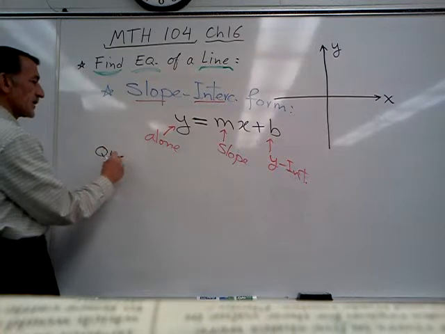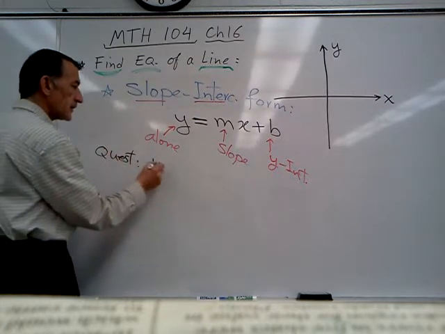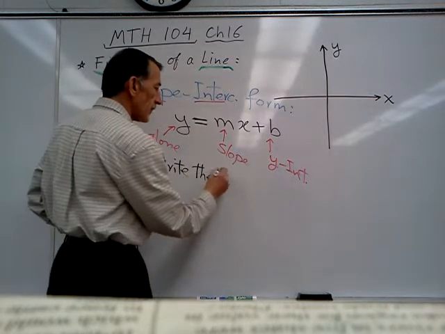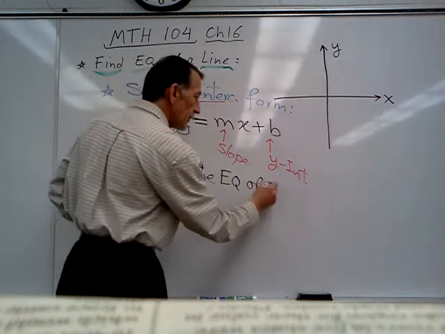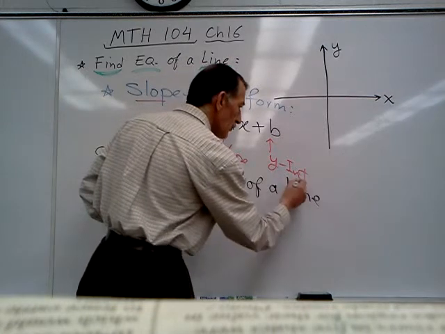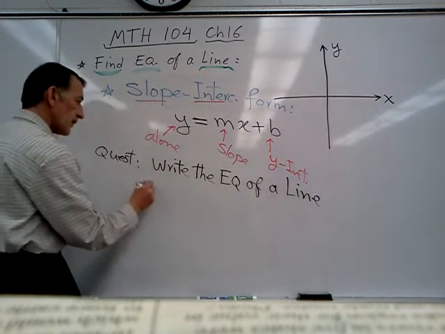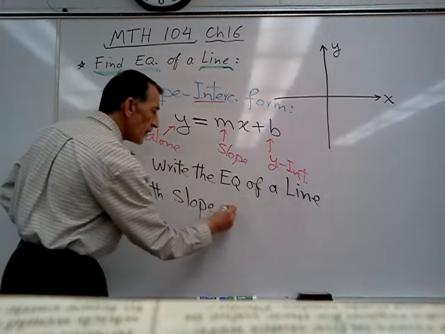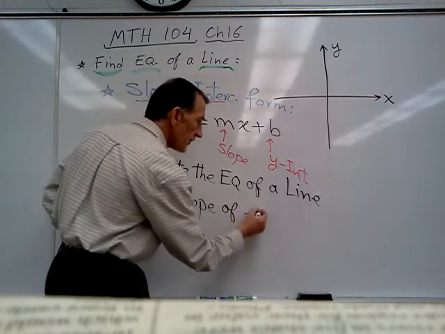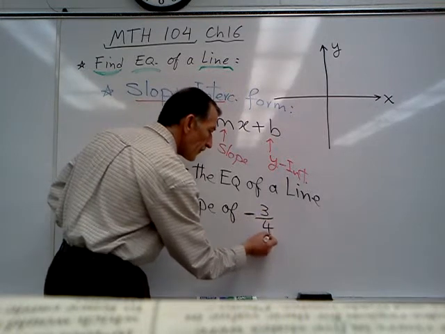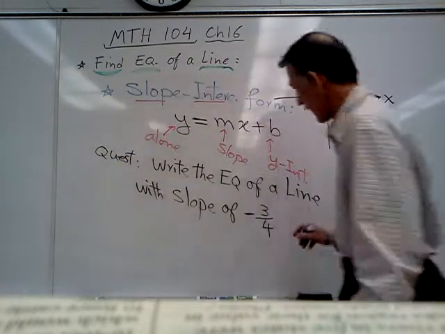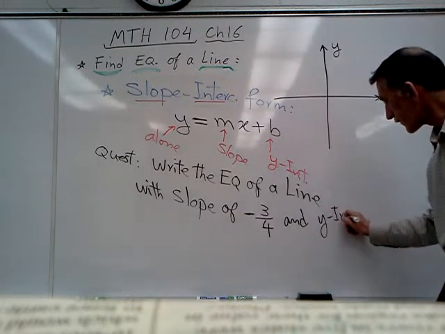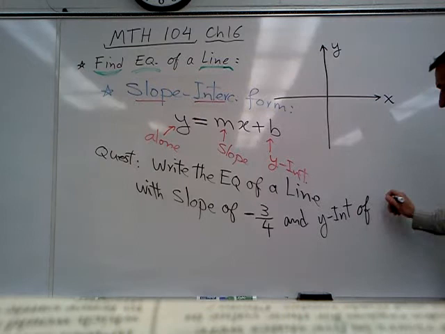The question says, write the equation of a line with the slope of, for example, negative 3/4, and y-intercept of 5.